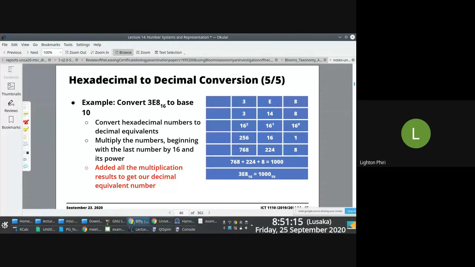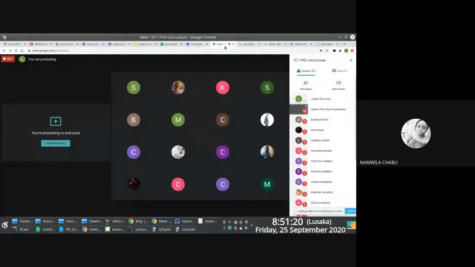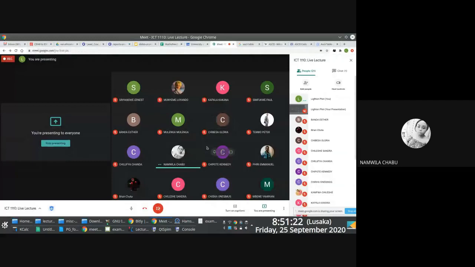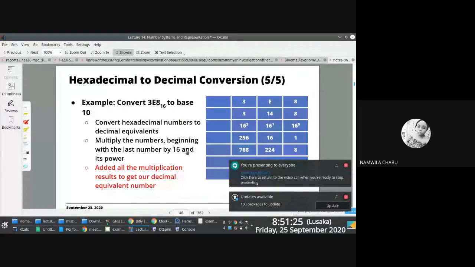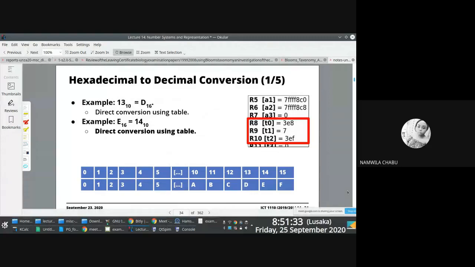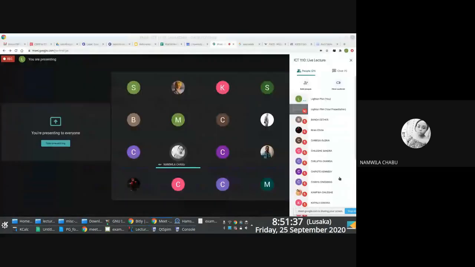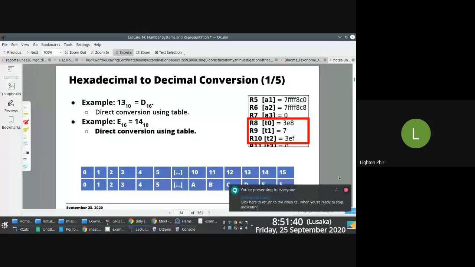Unless there are any questions? Hello, sir. Yes. On your slide 34, there is a box where you represented some letters in small letters and others in capital letters. So is there a difference, or is it the same? Great question, Ms. Namwila. It turns out that the representation of these numbers is not case sensitive.